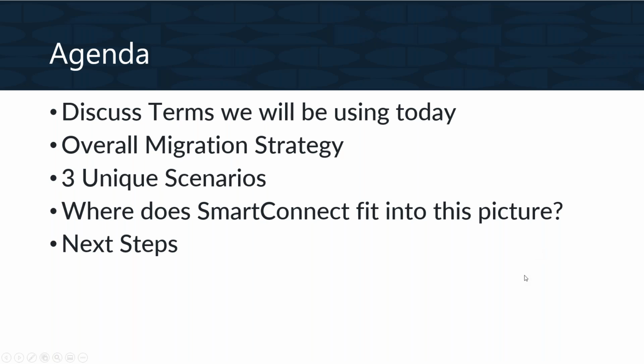And then while we're talking about PopDoc as quite a bit of this solution, we're going to talk just briefly about where Smart Connect fits into that whole overall picture of your migration scenario. And then I just have a couple next steps for you to go forward on.